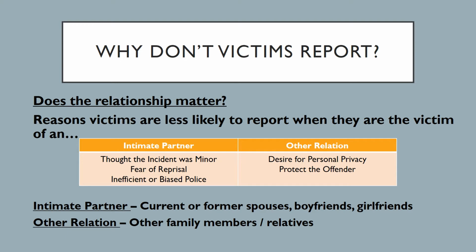Maybe, once again, it's out of guilt, out of fear, but it's out of trying to protect their personal privacy. And then we also see the desire to protect the offender. The sense of, well, maybe I don't know this person that well. Maybe it was an accident. Maybe, once again, it's a misunderstanding of what just happened to that victim. And therefore they're thinking, I don't want to put this aggressor into the eyes of law enforcement because they may take it too far. So there's a lot of things going on that have to be taken into account.